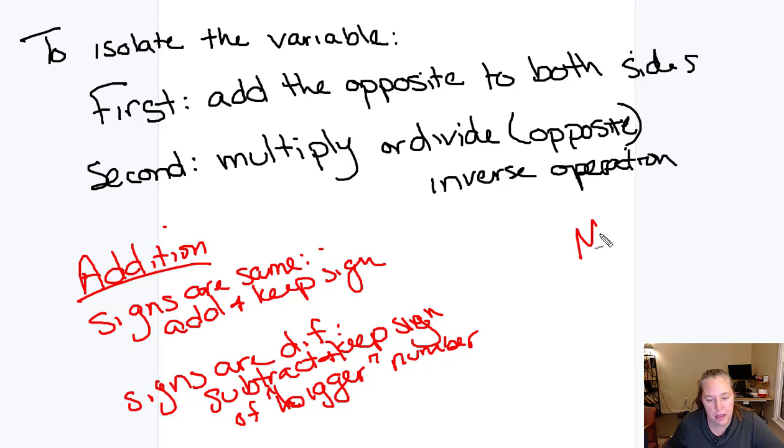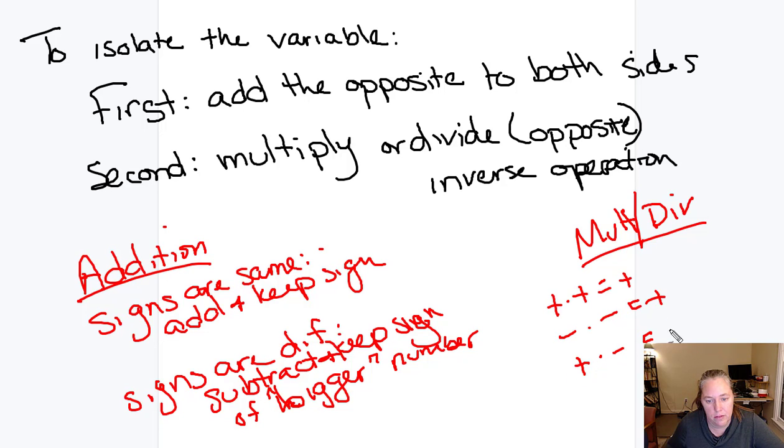And when you have multiplication and division, you've got positive times a positive is a positive, negative times a negative is a positive, positive times a negative is a negative, negative times a positive. Uh-oh, hopefully my head isn't blocking that last one, but you guys know those rules.